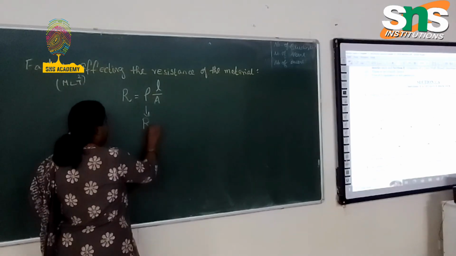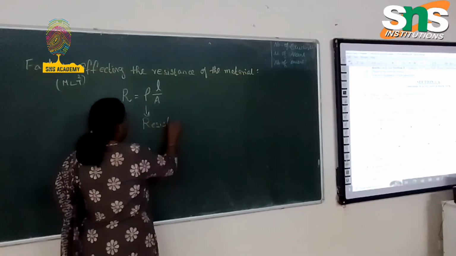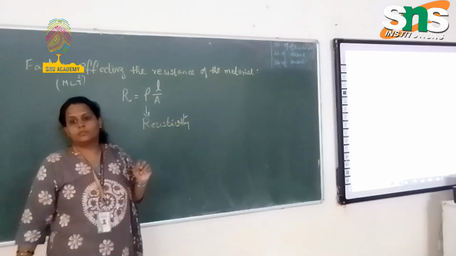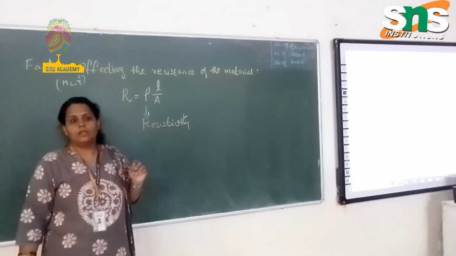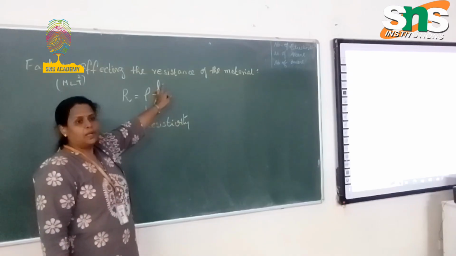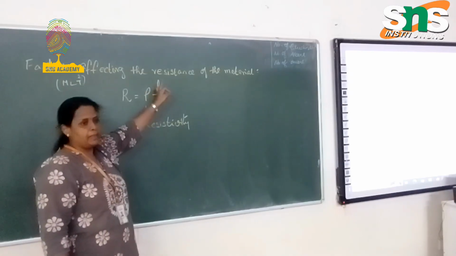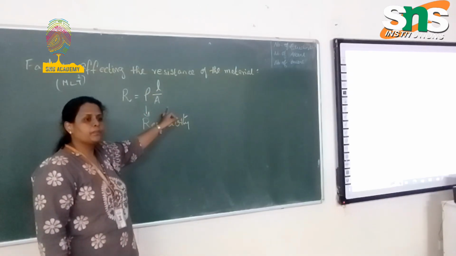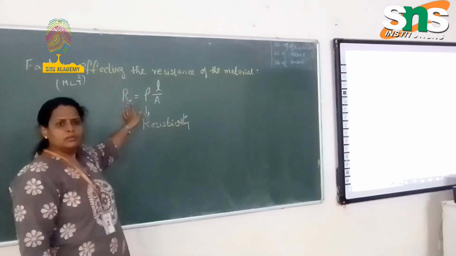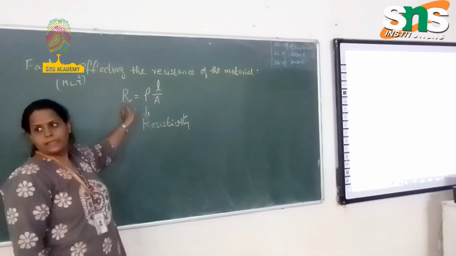Please go through the paper and say resistivity. What do you mean by L? Length of the conductor or any other material. A means area of cross section. So R refers to resistance of the material.